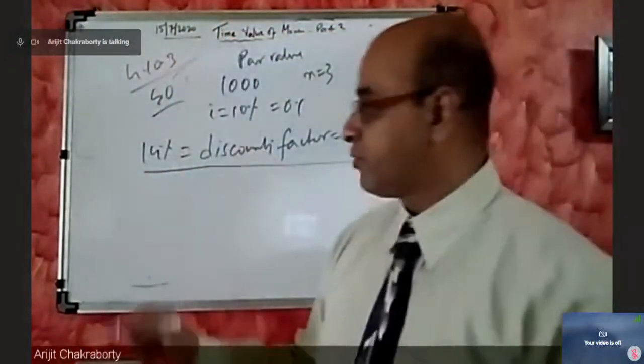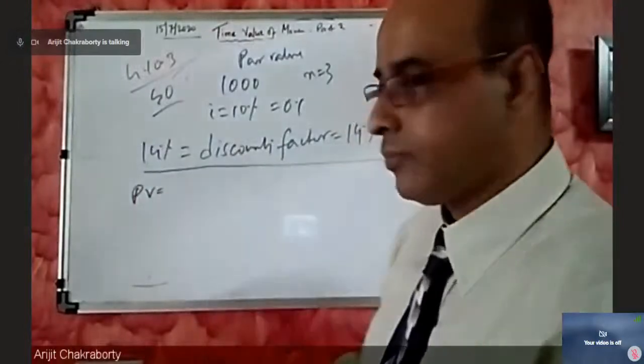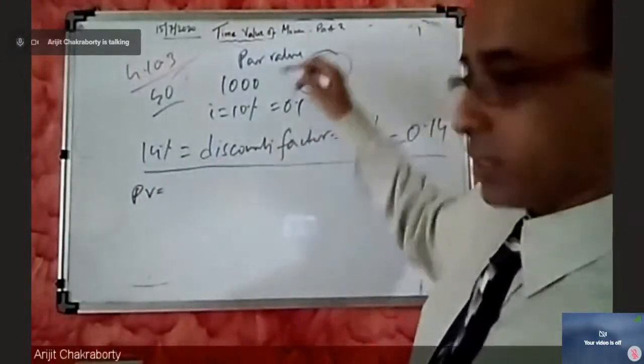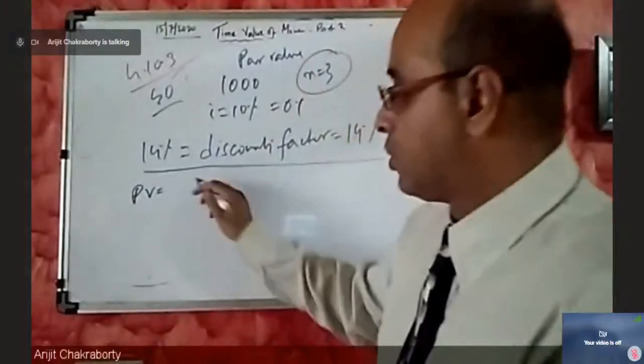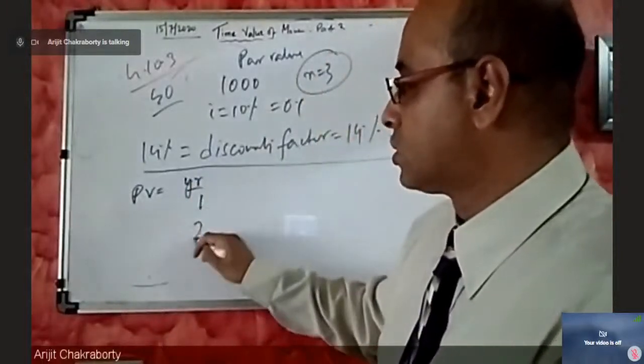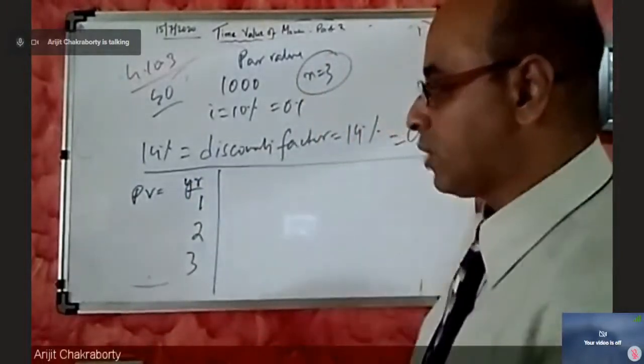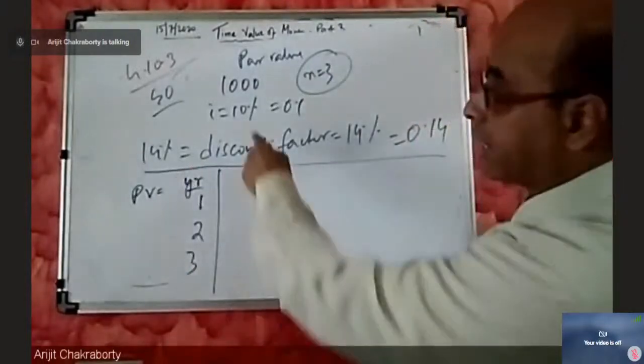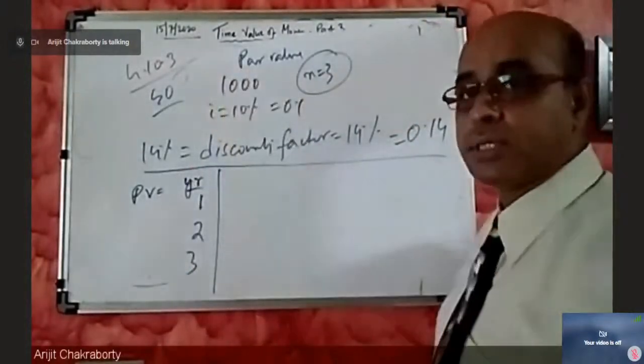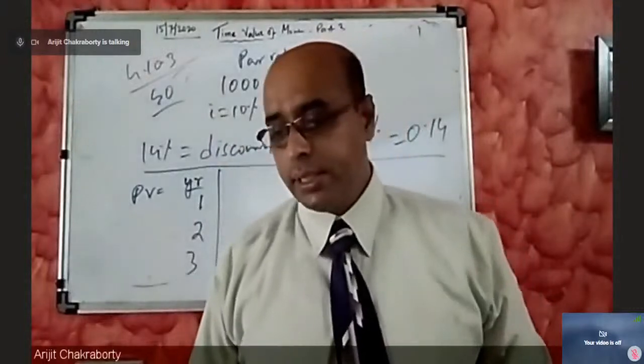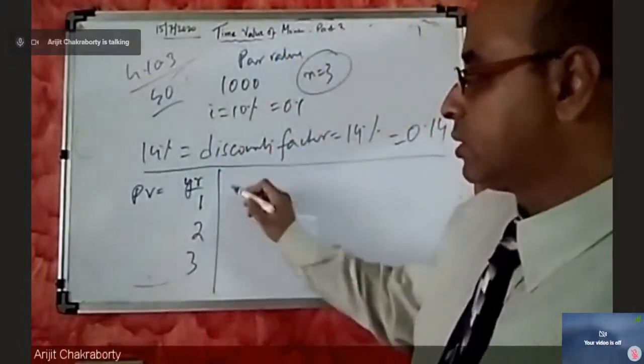So if you look at the present value, once again, the life is 3 years, right? So year 1, 2 and 3. Fine. First column. He is getting 10% of 1,000 rupees as interest, so he is getting 100 rupees.